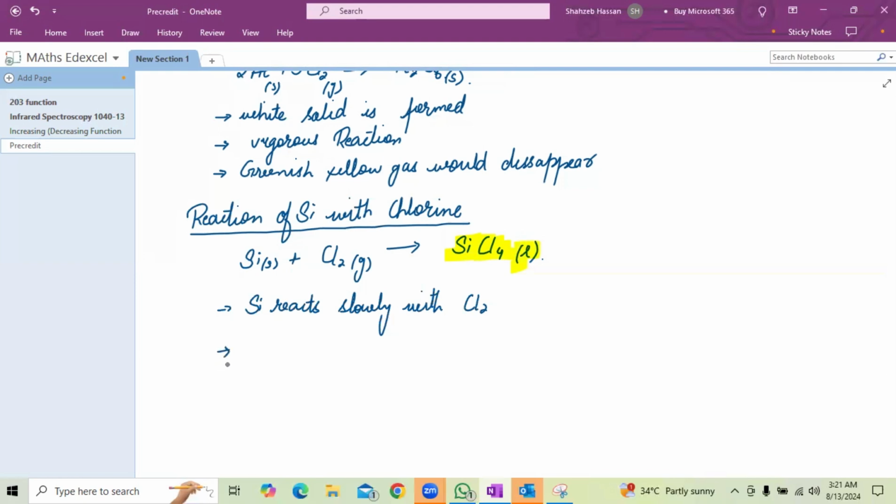Greenish yellow gas disappears. Is that clear? Okay, kindly note it down.